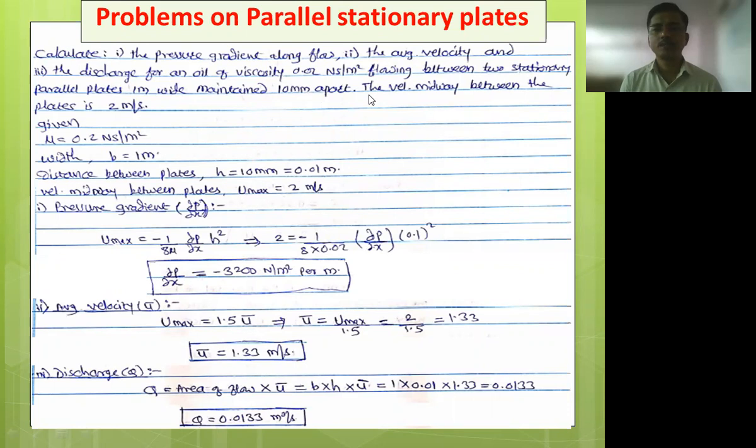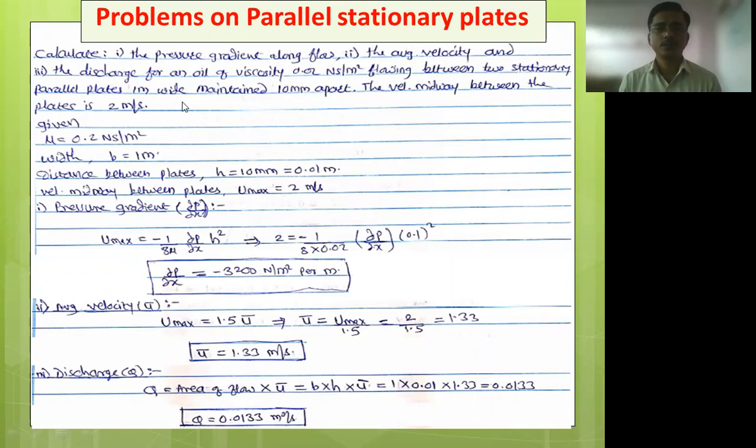The velocity midway between the plates is 2 meter per second. So what does this velocity midway between the plates mean? It is U max, the maximum velocity, because velocity will be maximum at the center or midway between the plates, and it is given as 2 meter per second.